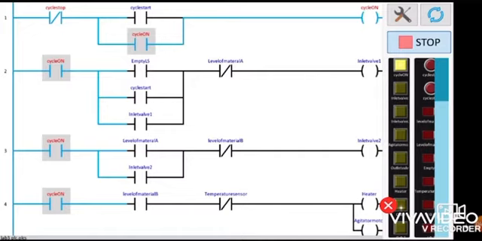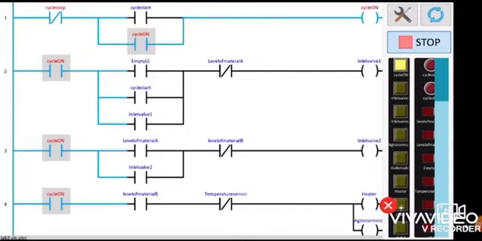Now we are moving on to the fourth network of the ladder diagram. Unlike the other two networks, in the fourth network there are two outputs, which are the heater and the agitator motor.